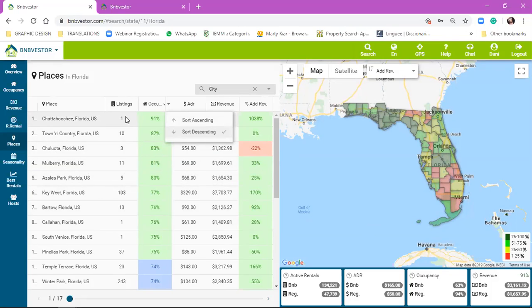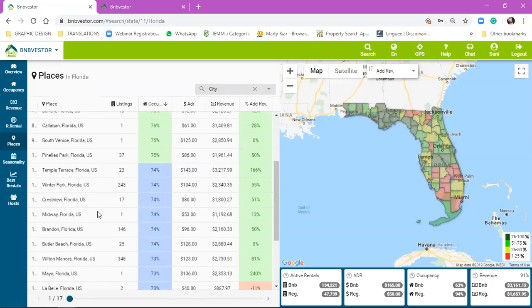But if you take a look into this, these are not very good cities, let's say, to be considering their high occupancy rate, because you can see that the first one, to not pronounce the city wrong again, we have one listing. Of course, it has 91%, so it doesn't have very much to compare, right? Then we have the second one with 10.